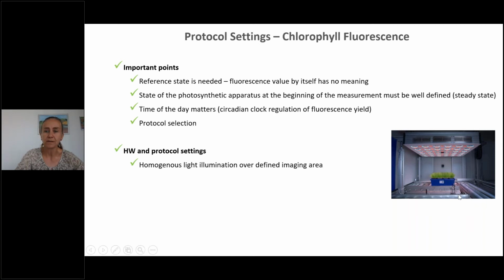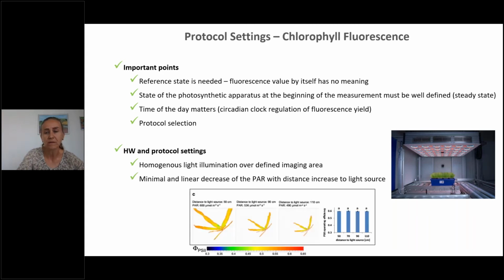You can see that the imaging panel is 1/3 larger than the object that is being imaged. That's to ensure that the entire area where the plants are defined is homogeneously illuminated.